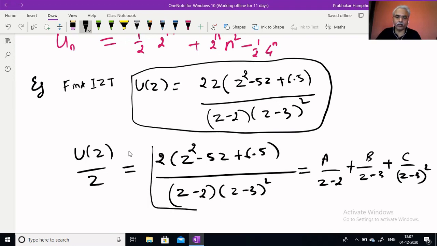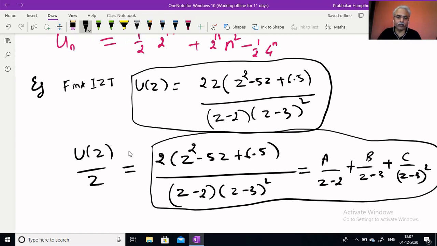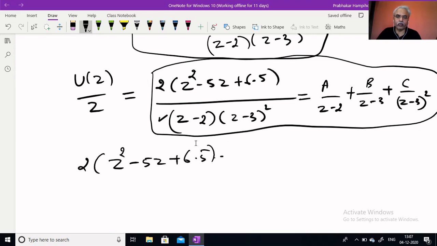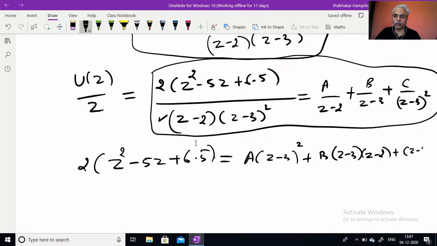Now using only this part, we shall find U of z by z. For that you have to multiply by the denominator of the left hand side: 2 times z square minus 5z plus 6.5 equals, carefully, A into z minus 3 whole square plus B into z minus 3 into z minus 2 plus C into z minus 2.